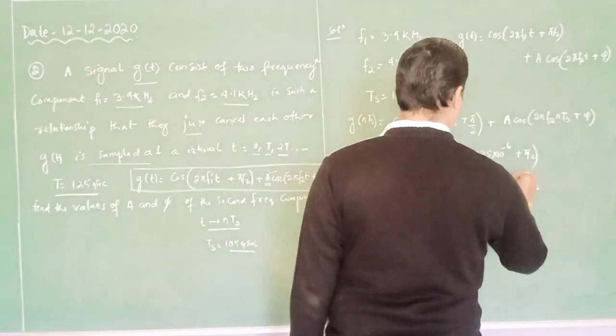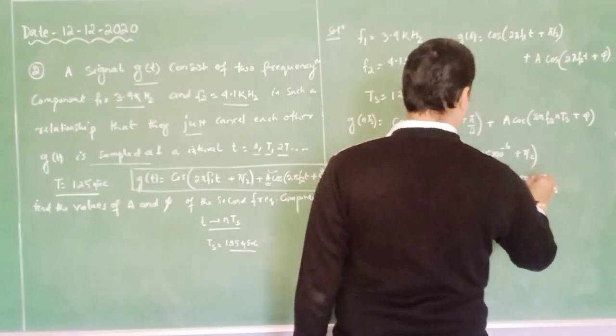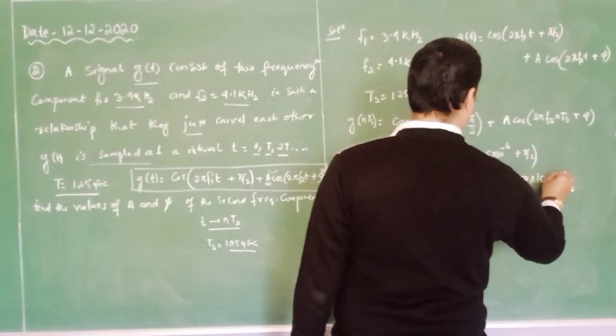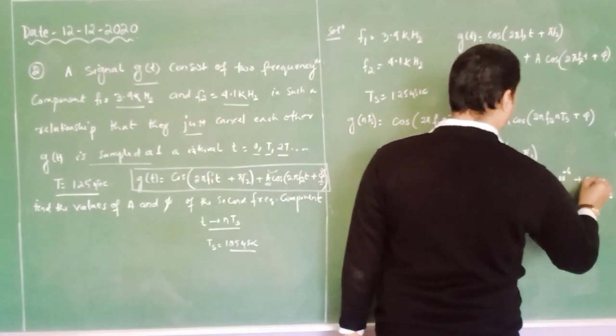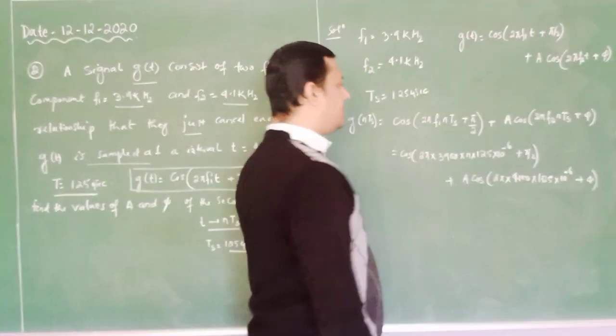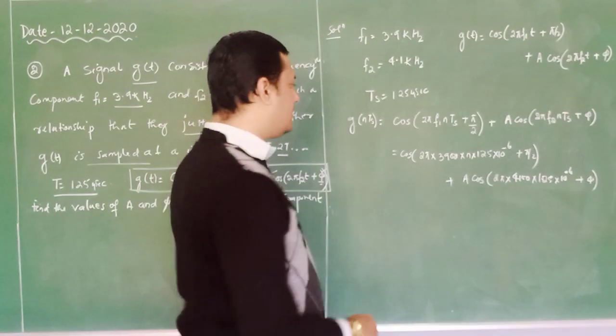F2 is 4100 into 125 into 10 to the power minus 6 plus 5. Okay. Just need to identify the values.